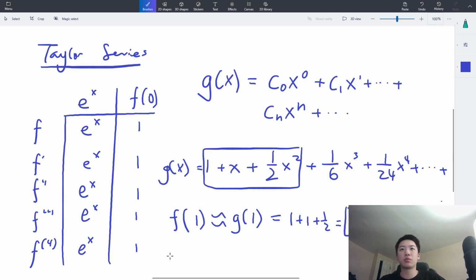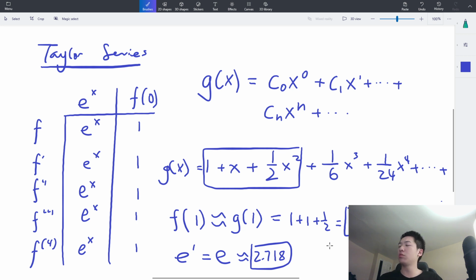So is that correct? Well, e to the first power equals about 2.71, or 2.718, I believe. So that's the true value. Our value is 2.5. That's only off by a little bit. If we add the next term, 1 over 6, what is that?